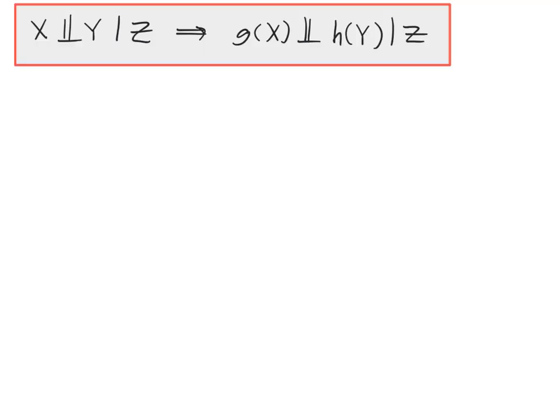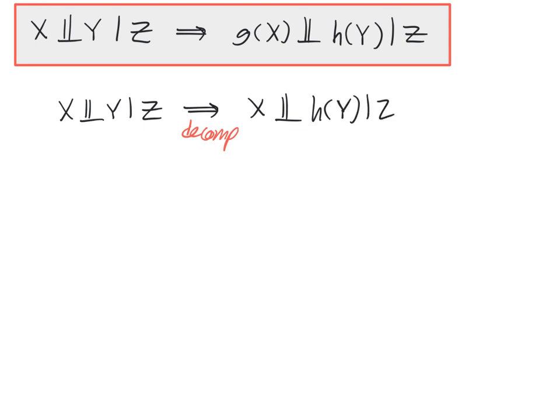The axioms of conditional independence can be used to prove a number of useful facts. Here's one. Suppose x and y are independent given z. Then, applying decomposition, x is independent of h of y given z, where h is a measurable function.